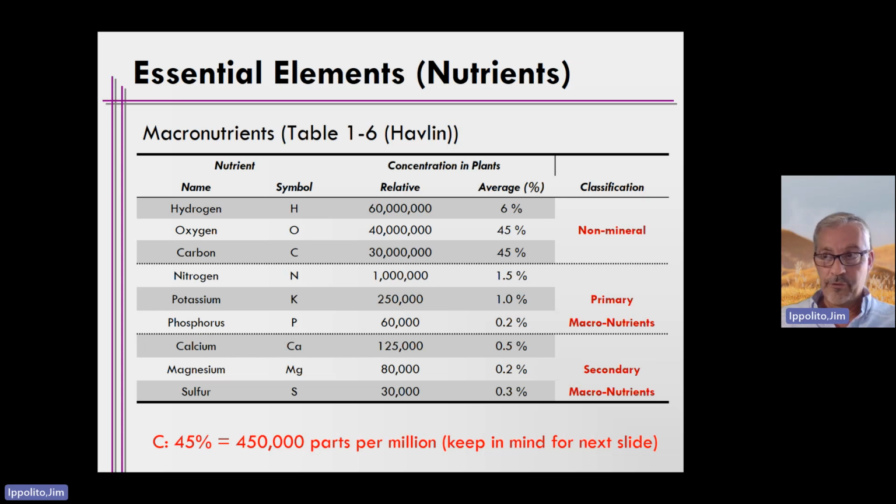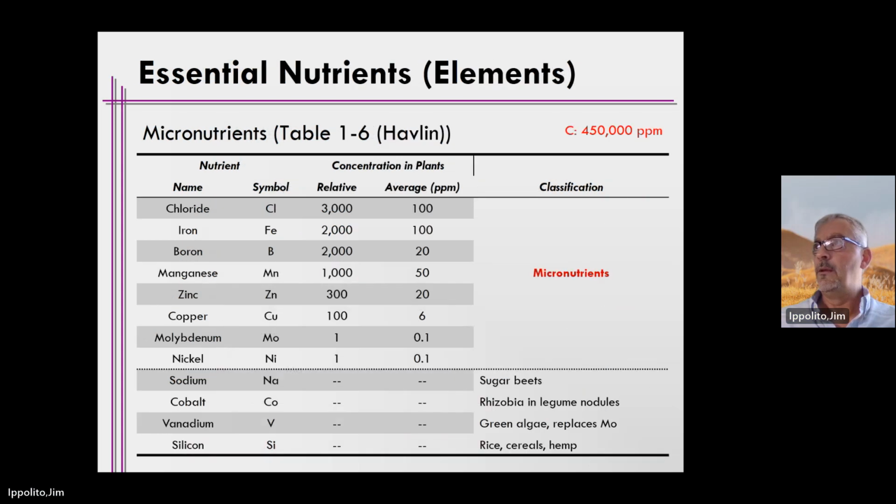So keep that in mind for the next slide. I place that value up here in the top right-hand corner. Carbon is 450,000 parts per million. It's a goofy way of stating the amount of carbon in a plant. That's why the macronutrients we often express on a percentage basis.